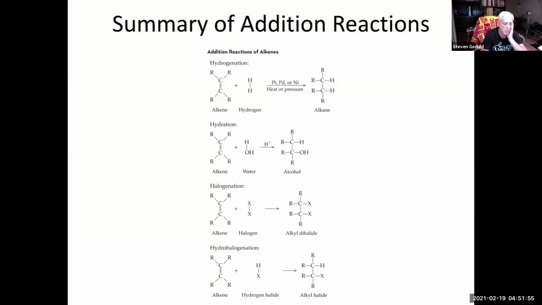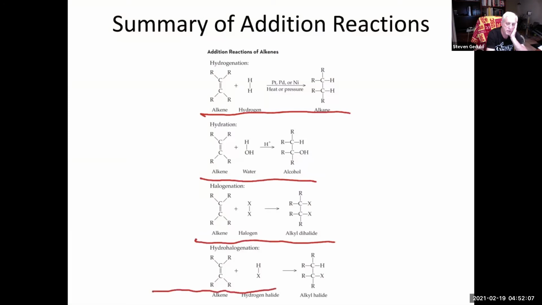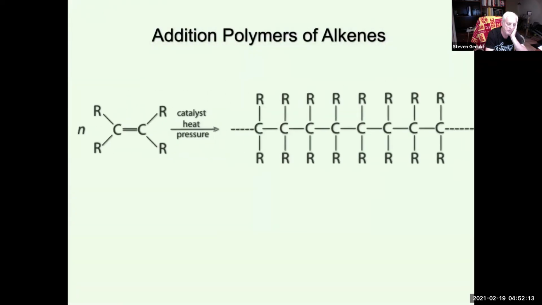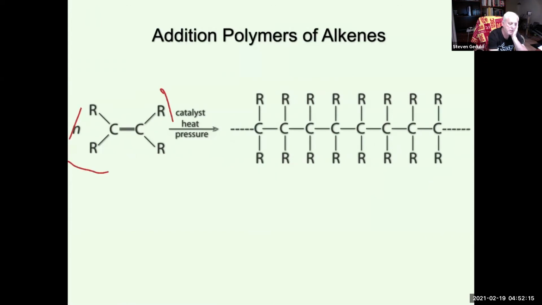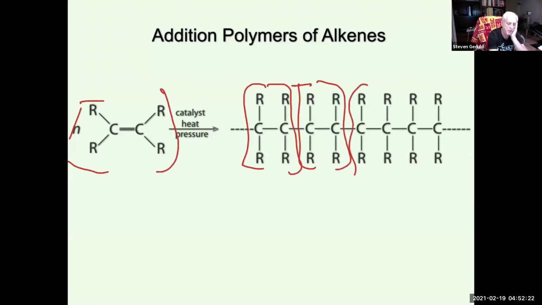And this is just a summary, it shows everything all in position: alkene, hydrogenation, hydration, halogenation, hydrohalogenation, and the addition polymers are alkenes, where you have this one unit and this unit gets repeated over and over and over as it bonds to itself.